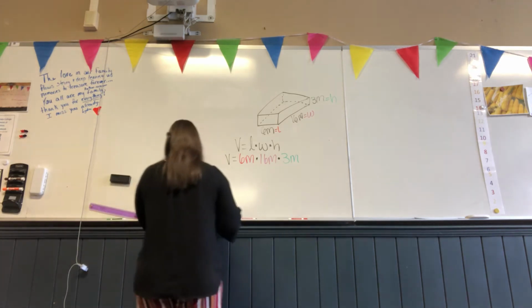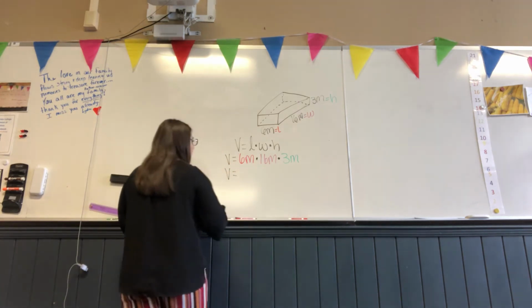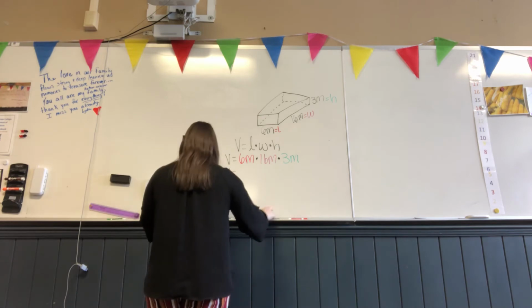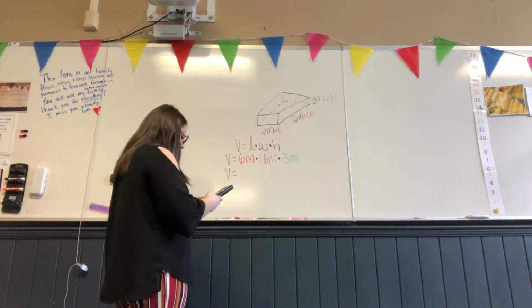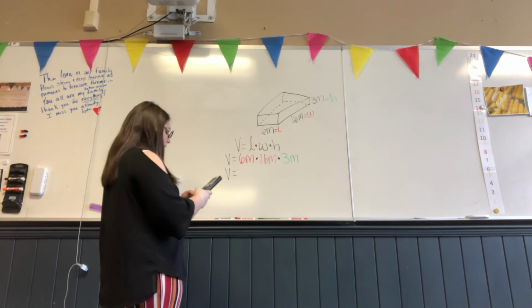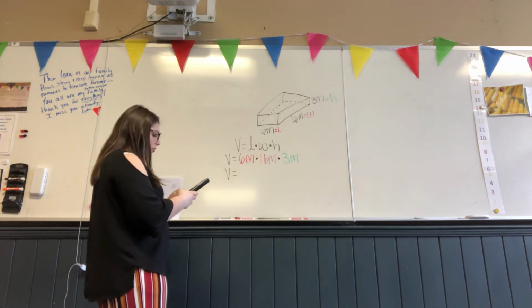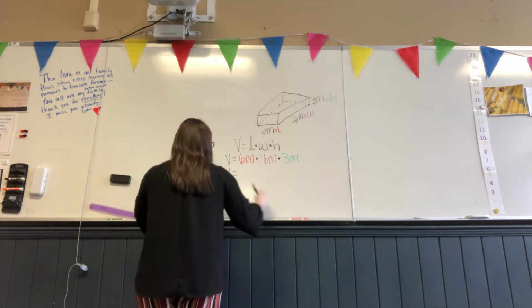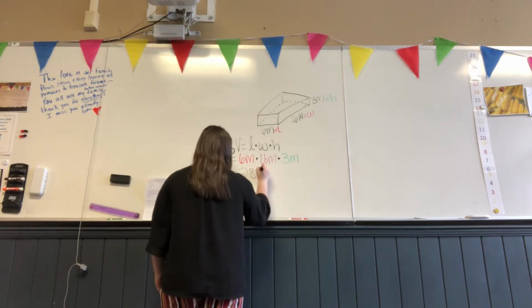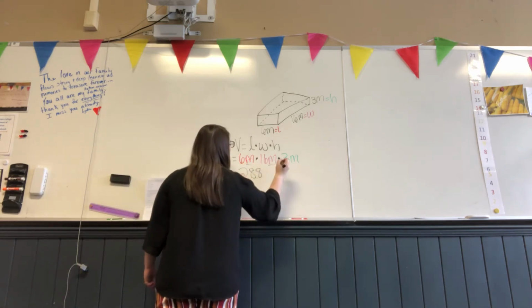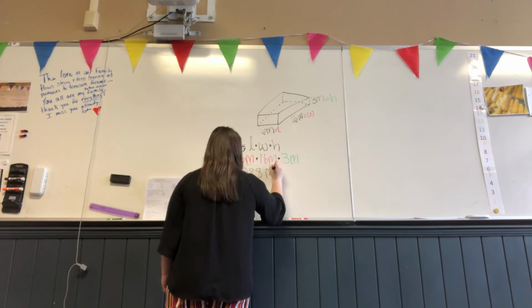So for the answer for this one, let's put it in our calculator real quick. 6 times 16 times 3 gives me 288. Don't forget, meters times meters times meters gives me meters cubed.